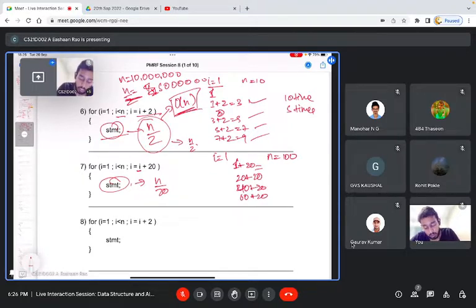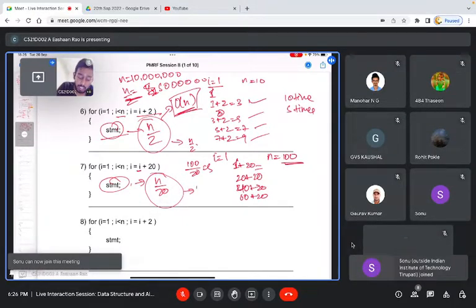So even though the n value is 100, this for loop will run mostly for 5 times. That is, if you do 100 by 20, it is equal to 5 times. So this function should be n by 20. Still, for approximating, we will turn it into big O of n.